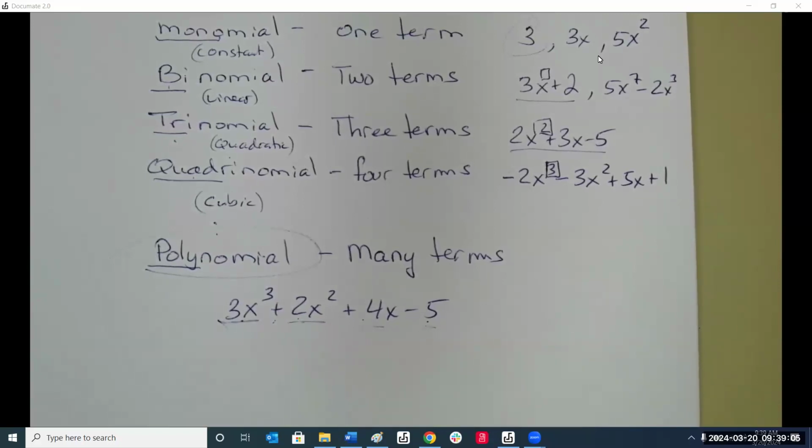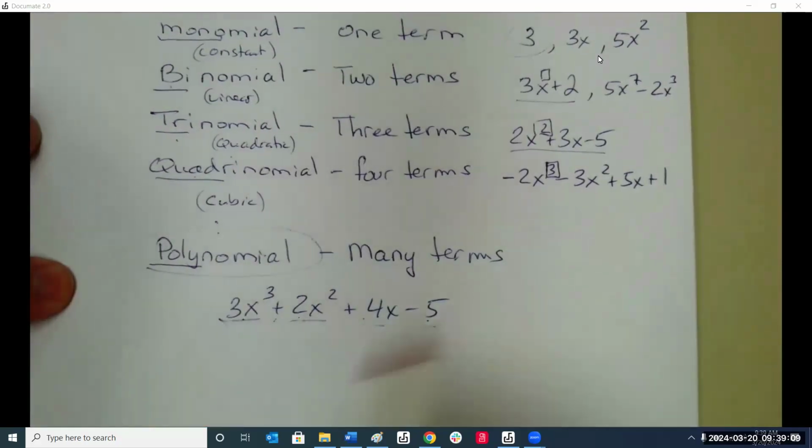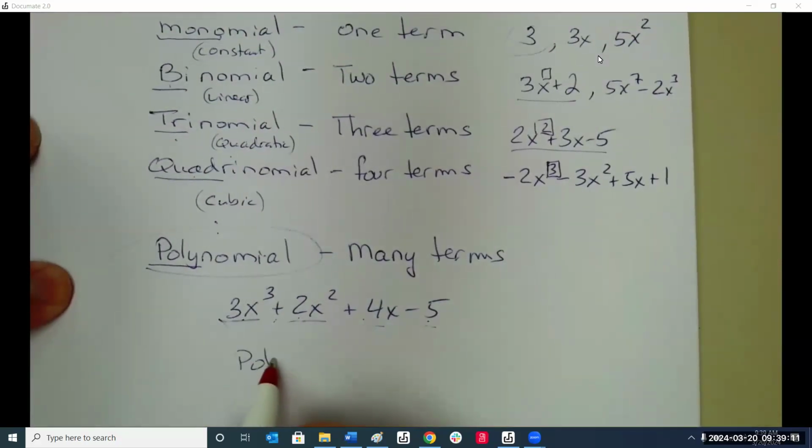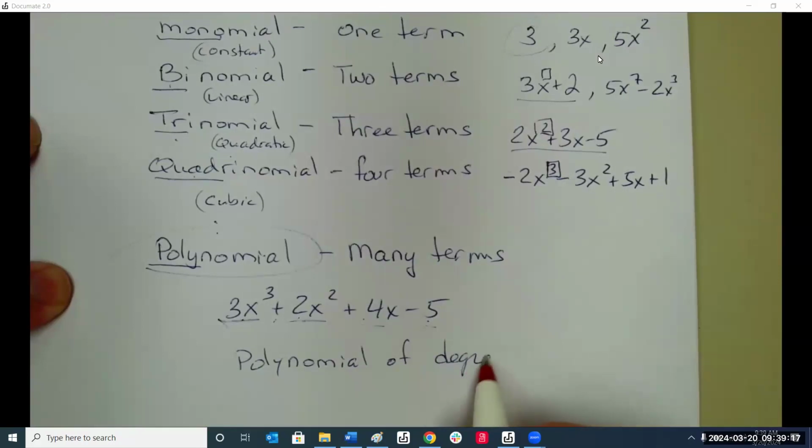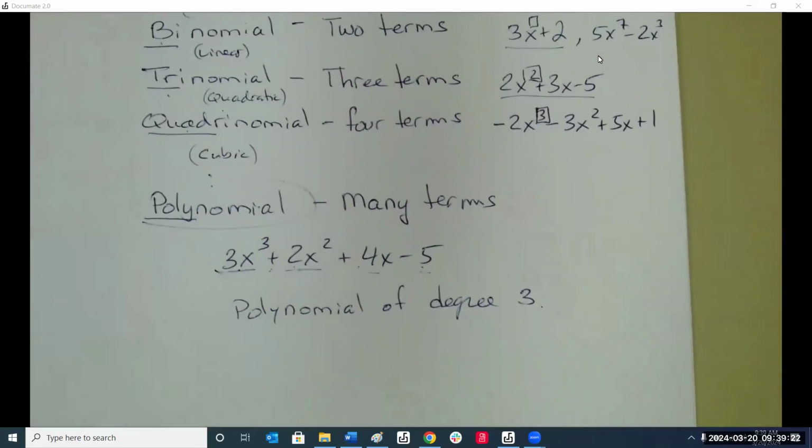We could say it's a quadrinomial, but what we normally say is this is a polynomial of degree 3. Remember what we refer to degrees as? What does degree mean?